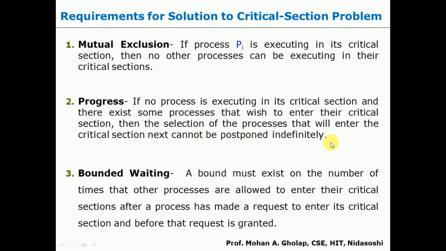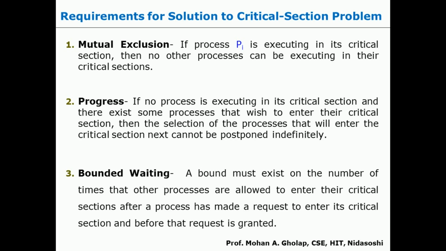If presently no process is executing in its critical section and some processes are waiting to enter, the request should be granted immediately for one of the processes. It should not be postponed indefinitely. Processes should not unnecessarily wait to enter the critical section if no process is presently executing in it. So this is the second requirement.